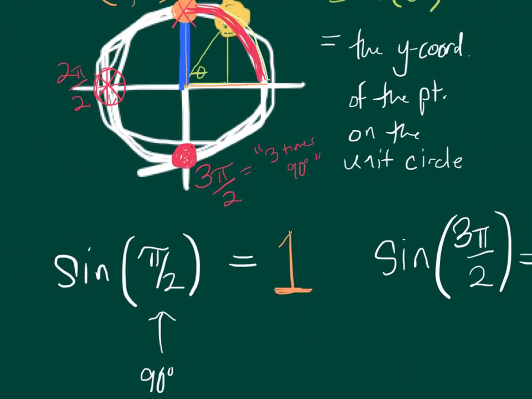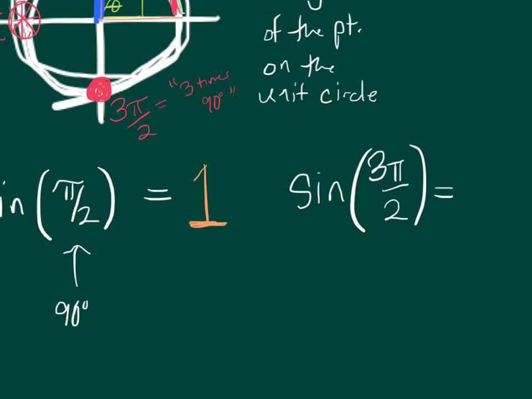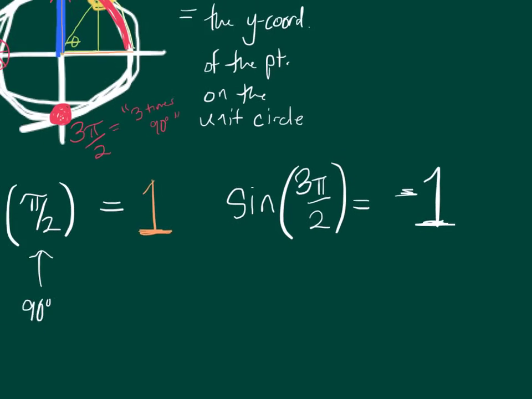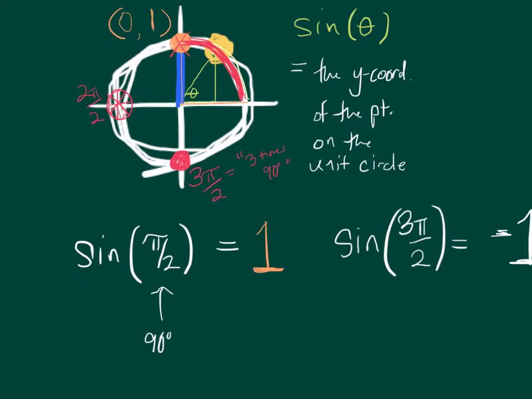But now we can use our recipe for the function sine to read off sine of 3 pi over 2, and it's going to be -1, because -1 is the y-coordinate of that point.